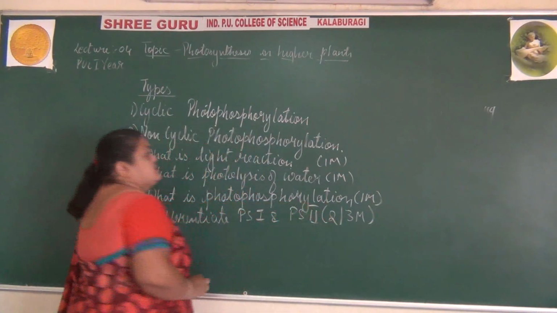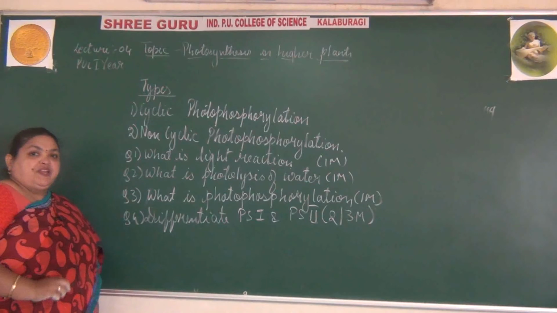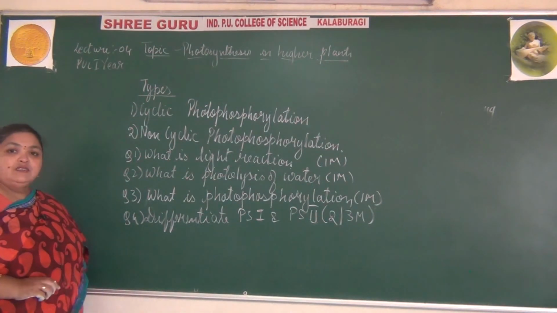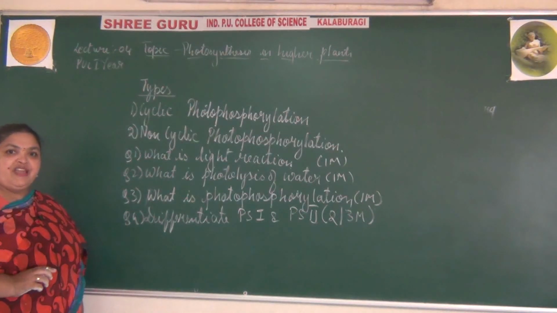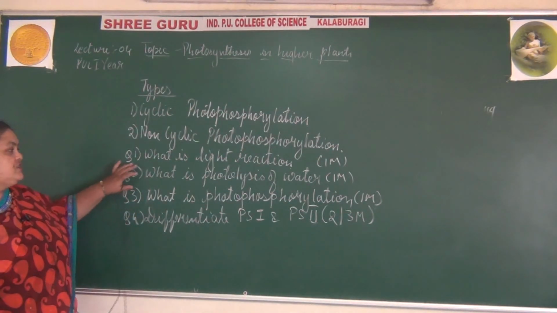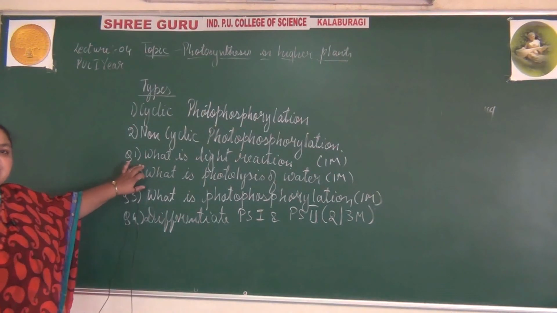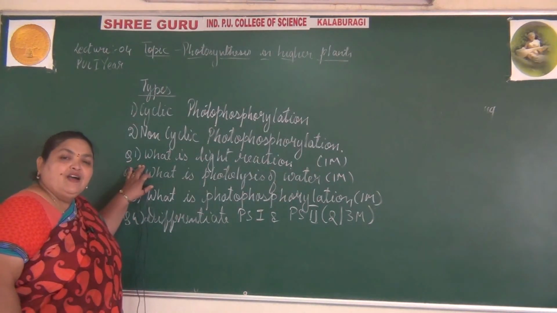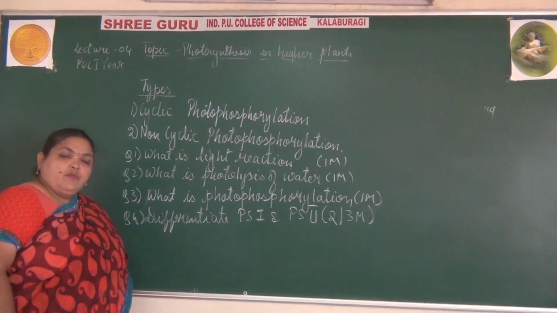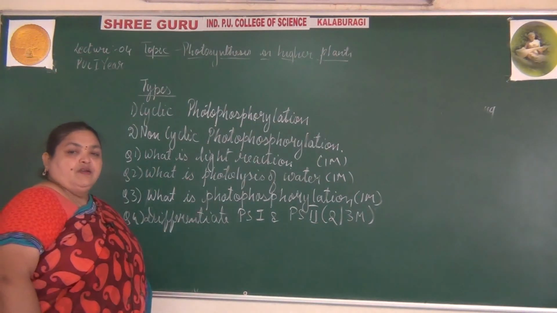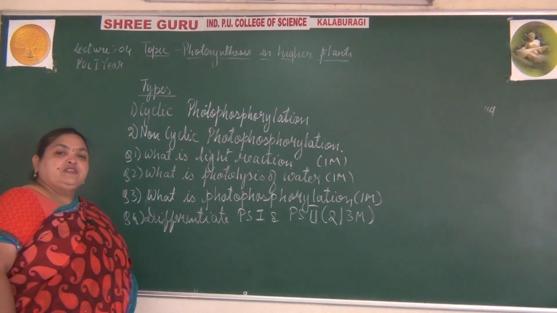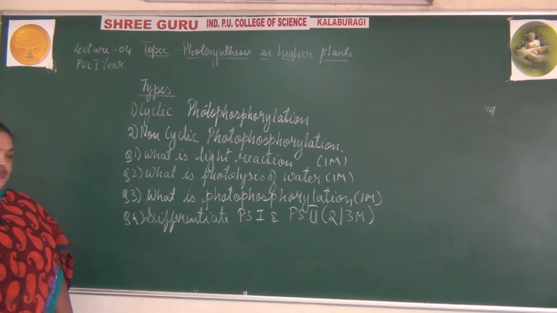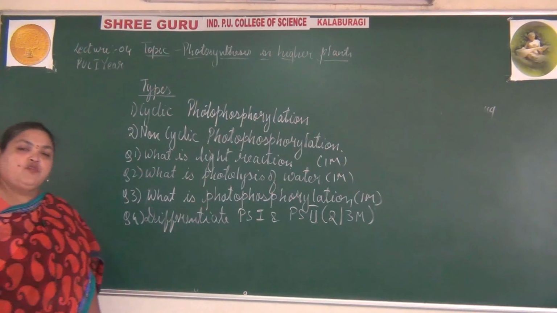Of today's class, we have learnt the light reaction. What is light reaction? It is a light dependent reaction occurring in the grana of the chloroplast, resulting in the synthesis of two assimilatory powers, ATP and NADPH2. Then what is photolysis of water?